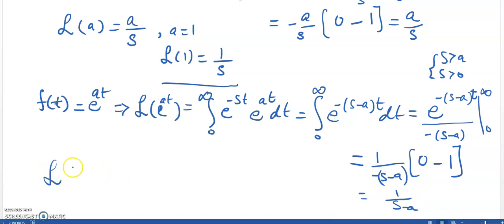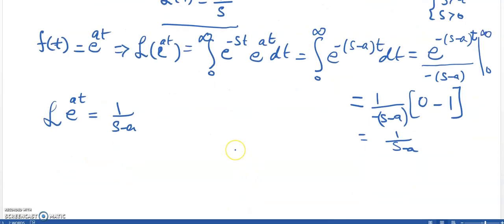Therefore we found another formula: the Laplace transform of e power at is equal to 1 over s minus a. Although we will prove it later on, here we can have one hint, which is called the S shifting theorem. Earlier we found that the Laplace transform of 1 was 1 over s.